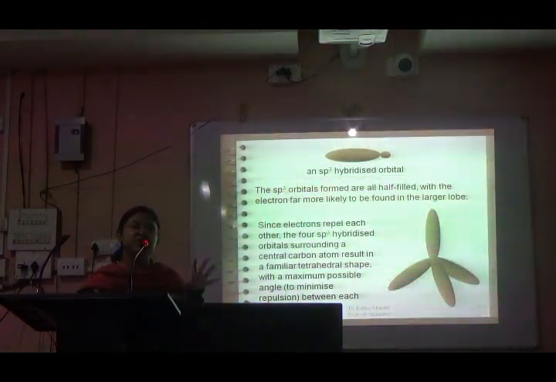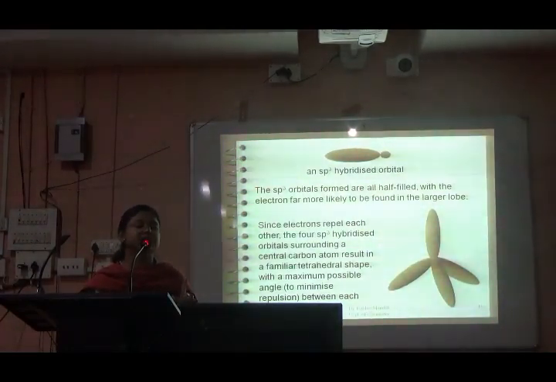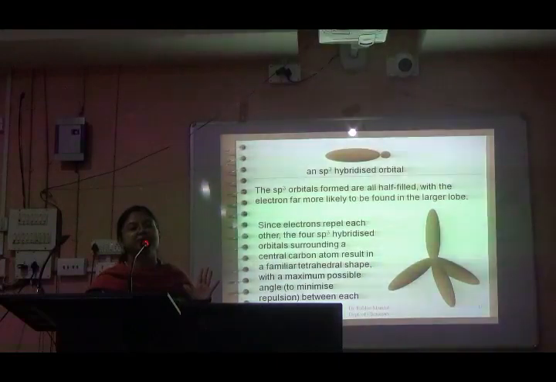We use the larger lobes to represent the hybrid orbitals. See, we can discern a familiar tetrahedral shape, and the angle is maximum to minimize the repulsion. The angle between each hybrid orbital is 109 degrees 28 minutes.